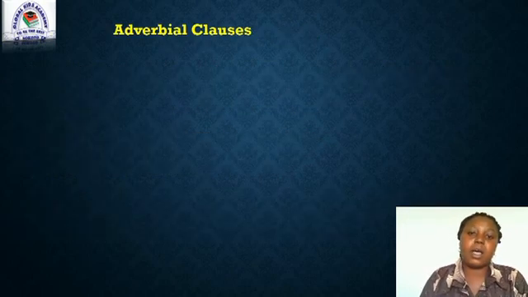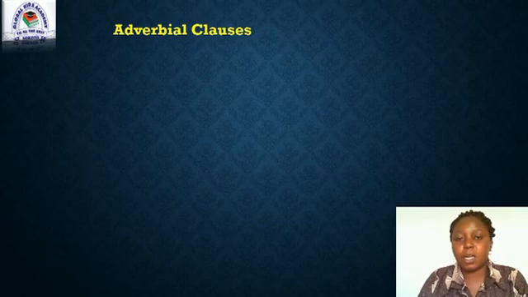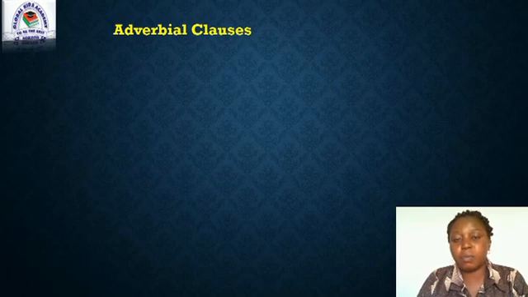Now, what are adverbial clauses? An adverbial clause is a clause that performs the same function as an adverb. But before we discuss what adverbial clauses are, it is important that we look at what adverbs are. Adverbs are words that modify verbs, they modify adjectives, and they modify other adverbs. For example, the girl ran quickly.